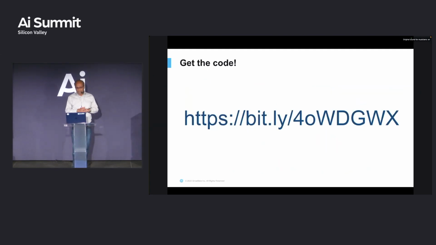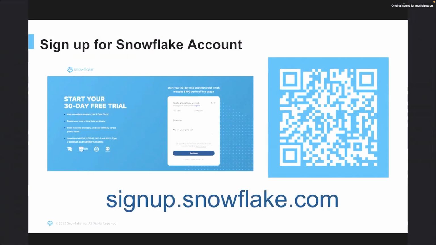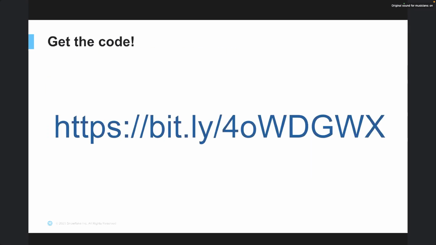The next step is to get the code. So this is a URL that you can go to get the code. We will also make this available after the session. So let me stay on this slide for a minute. If you want to take a picture of the bit.ly link, this is a GitHub link to a notebook.